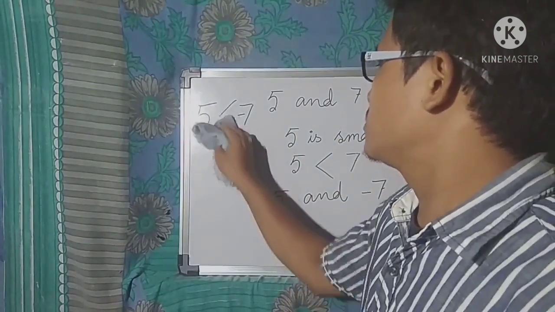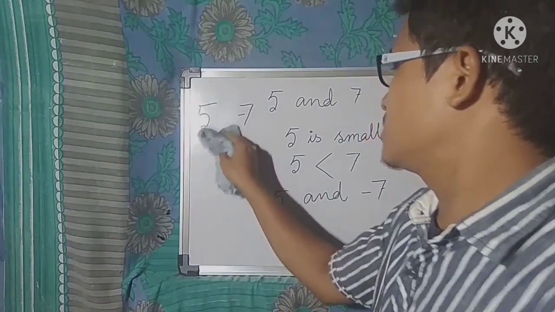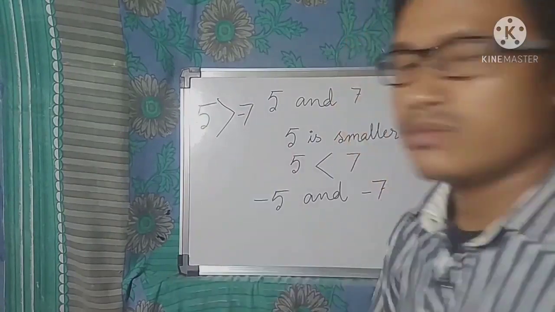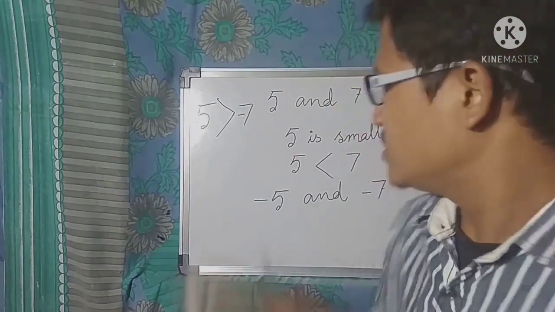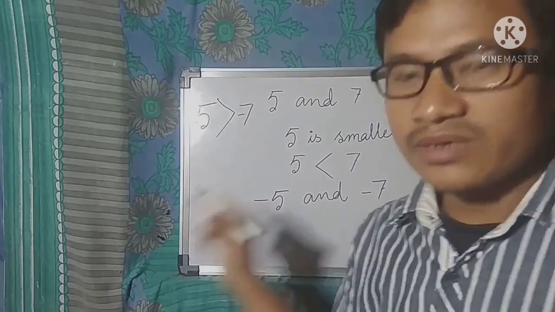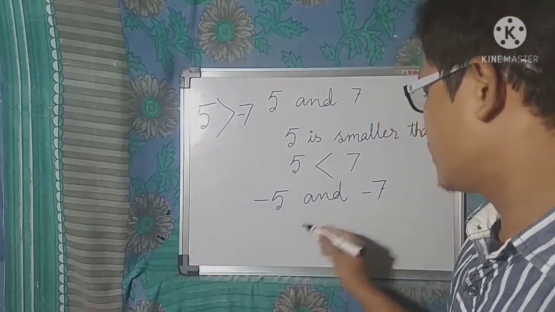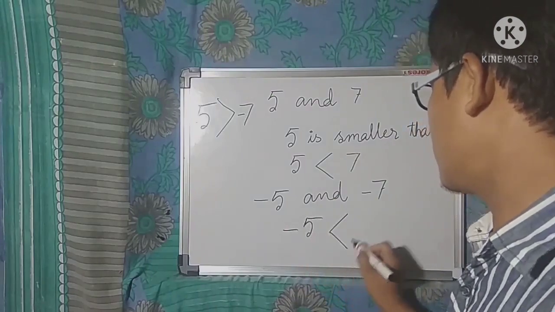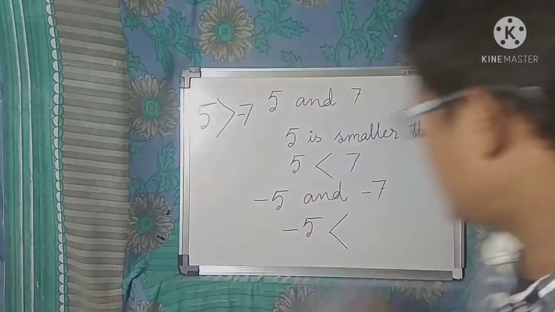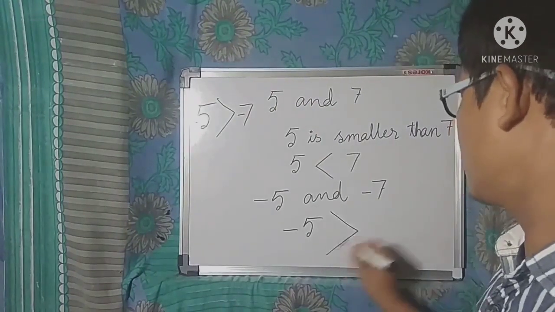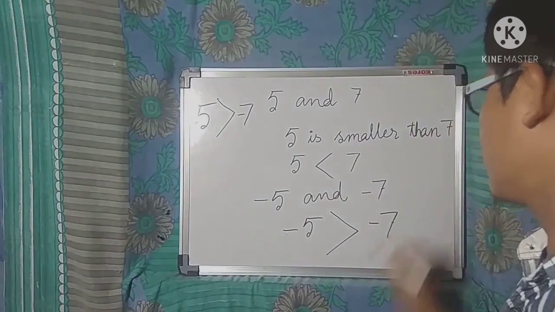This comparison sign will be this: -5 will be greater than -7. In case of negative integers, -5 is greater than -7.